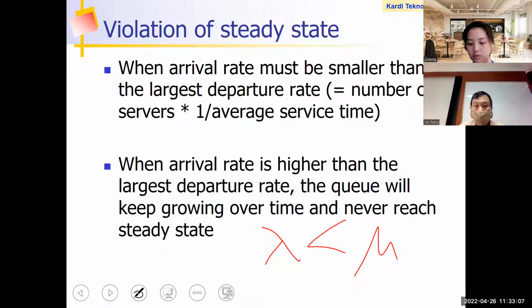Not even equal. It must be less. Otherwise, the queue will go to infinity. This is because this is not a deterministic system. In a deterministic system, it's the other way around: lambda must be larger than mu, otherwise no queue.